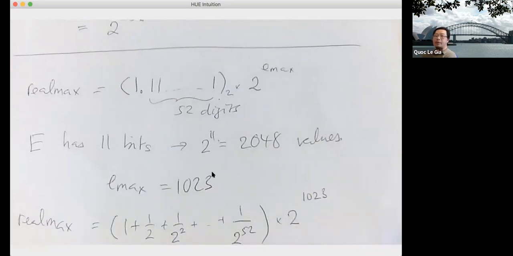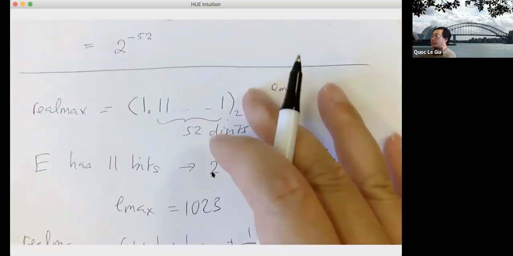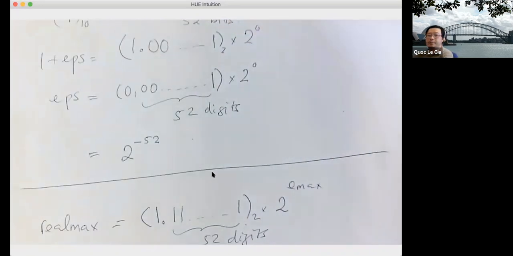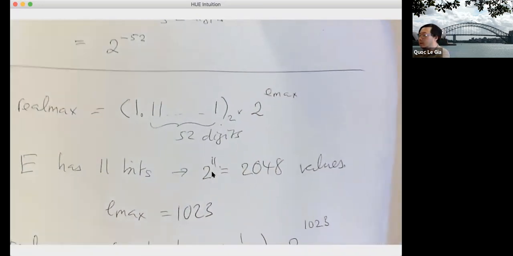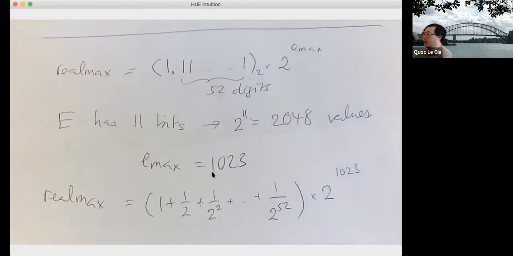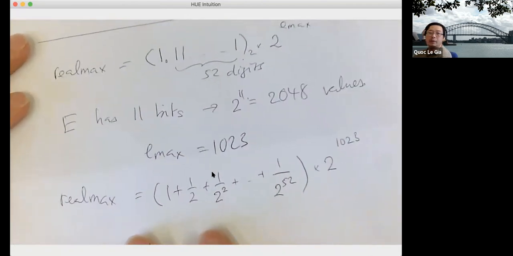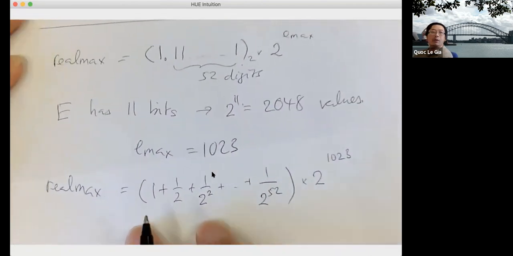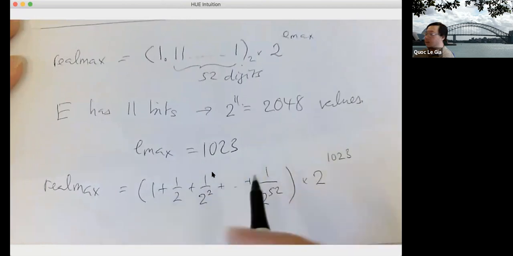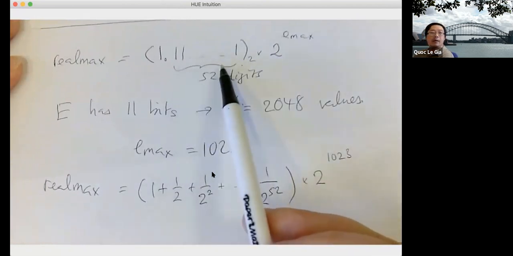If you remember the geometric series formula, this last formula will equal... Yes, this is in decimal, while the other one is in binary.